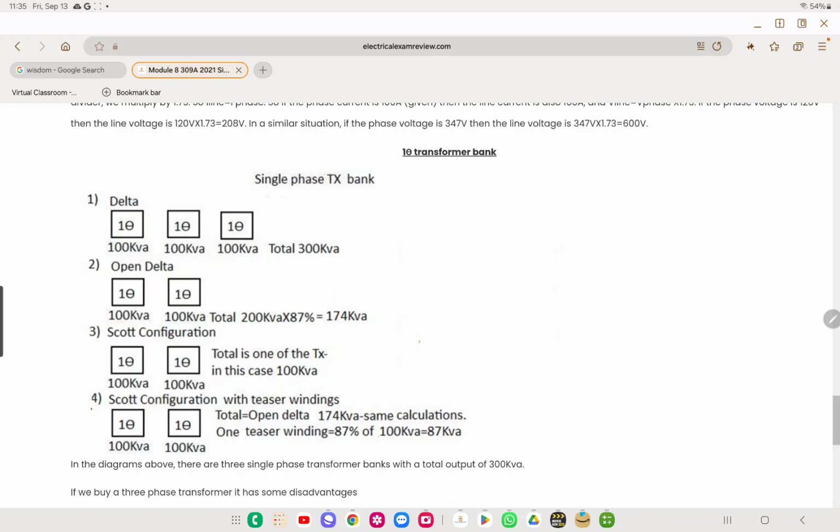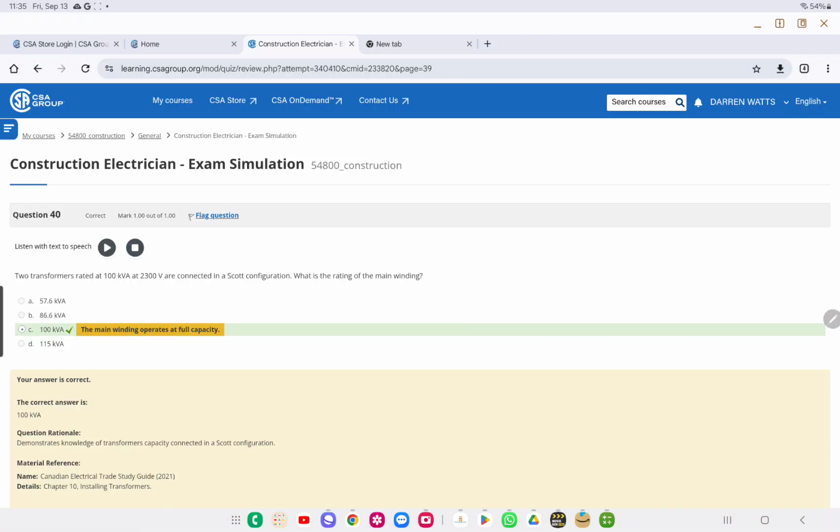In the Scott configuration with teaser winding, it's similar to an open delta where basically the total amount of transformer banks, so in this case there's two transformer banks at 100 kVA, would give you an accumulation of 200 kVA, and you multiply that by your 87%, just like an open delta. So Scott configuration with teaser is basically open delta, and Scott configuration by itself is basically one of the transformers.